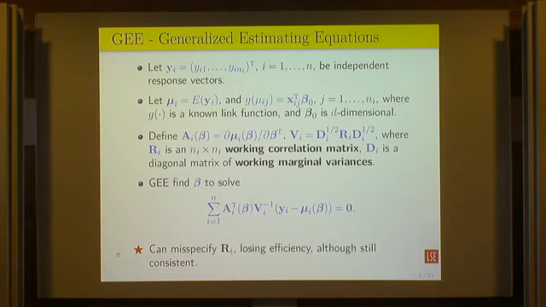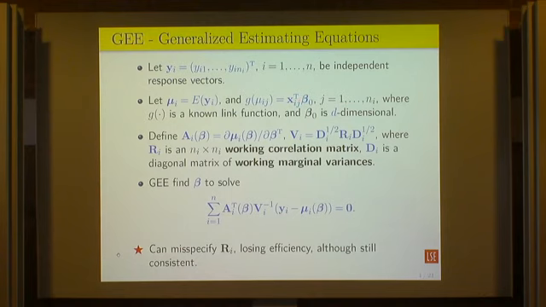And so we are doing some kind of generalized model. We assume that the mean is mu i, that is, the expected value of each vector yi. At the same time, we assume that there's a link function g that is known. With this known link function, g(mu) is x transpose beta.